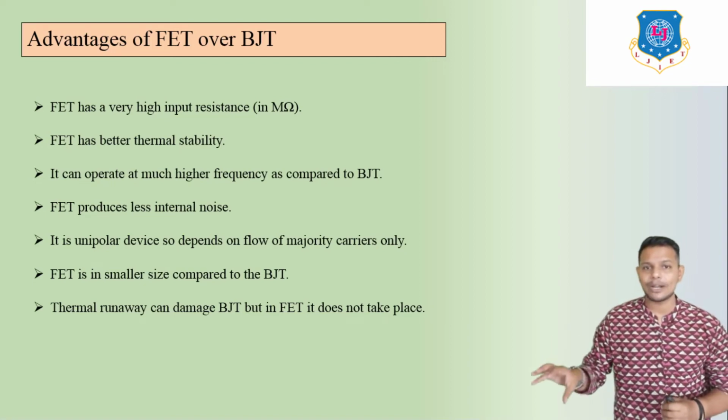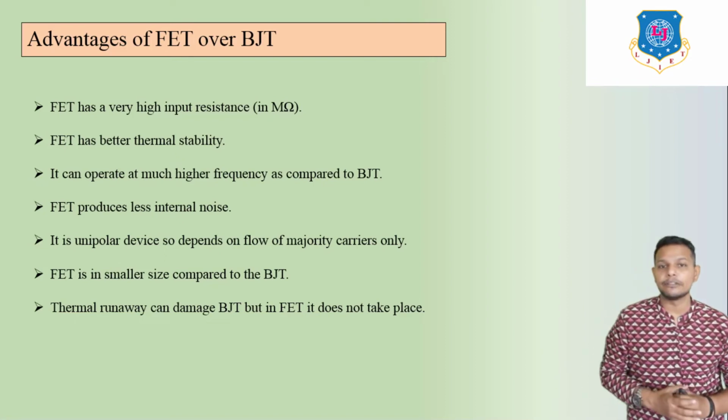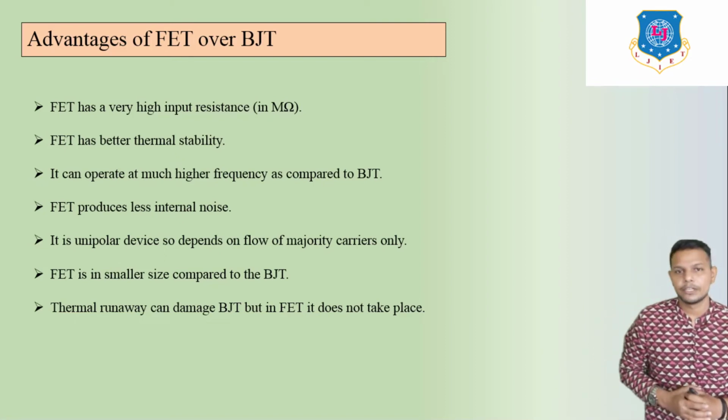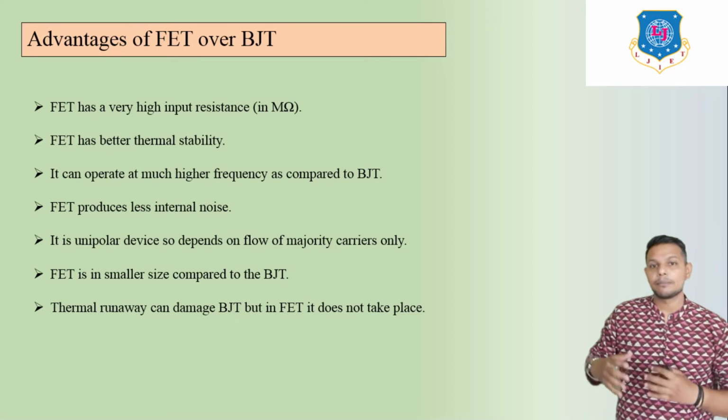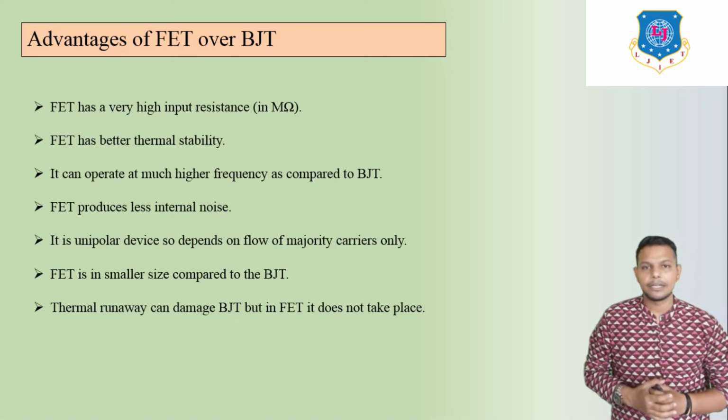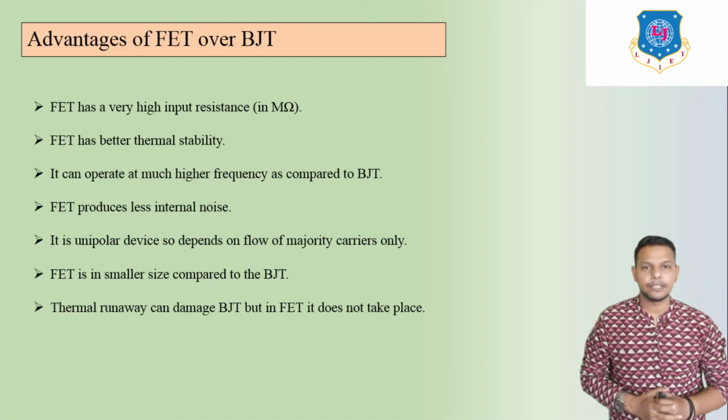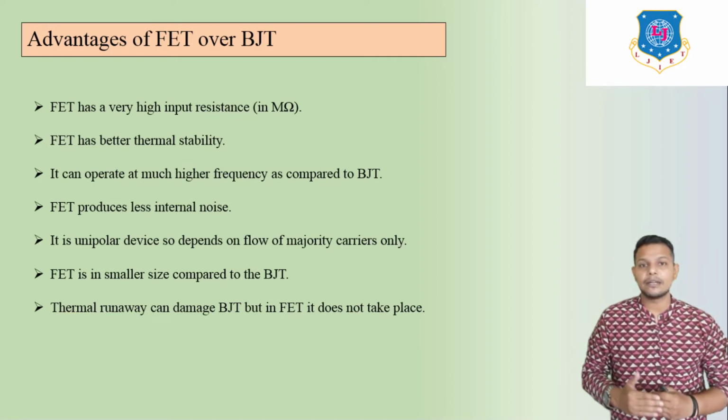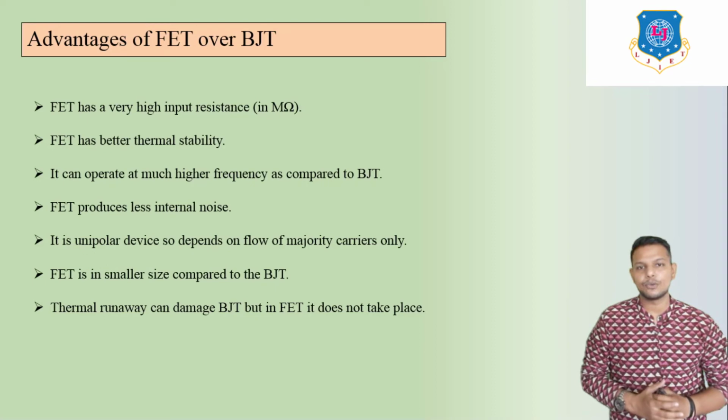It is smaller in size compared to the BJT. And the most important thing, thermal runaway. Thermal runaway can damage a BJT, but it does not take place in FET. So this is the main advantage of using FET.